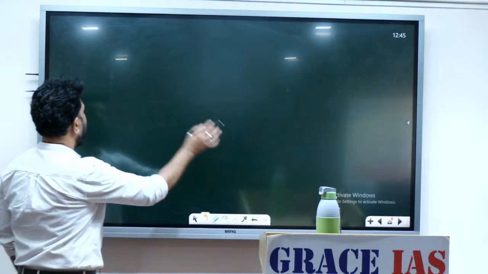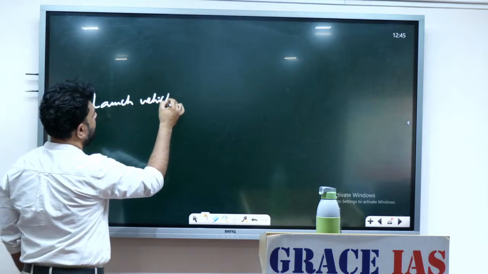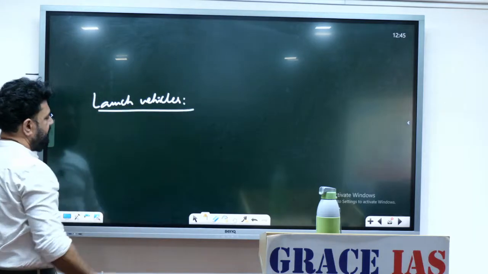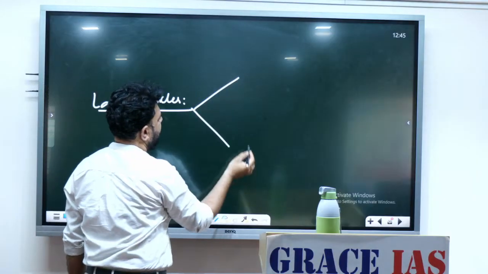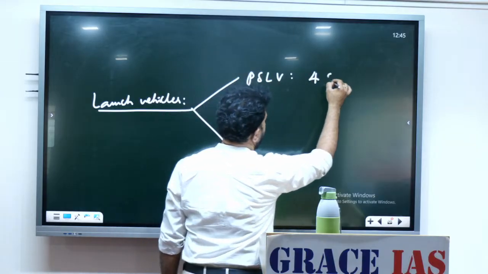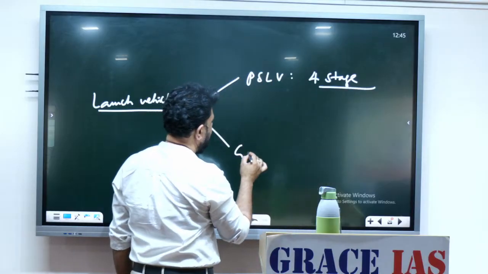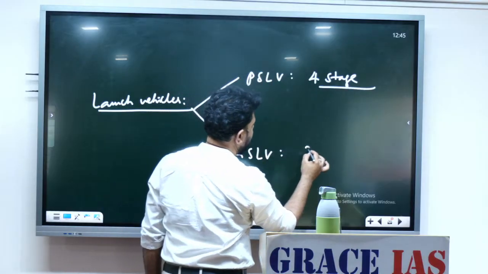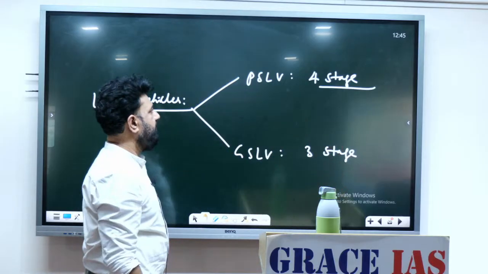And next we have something called launch vehicles. Of course, we have two major launch vehicles. If you look at present day launch vehicles, number one is PSLV, which is a 4-stage launch vehicle, and we have GSLV, which is a 3-stage launch vehicle. Please understand this.